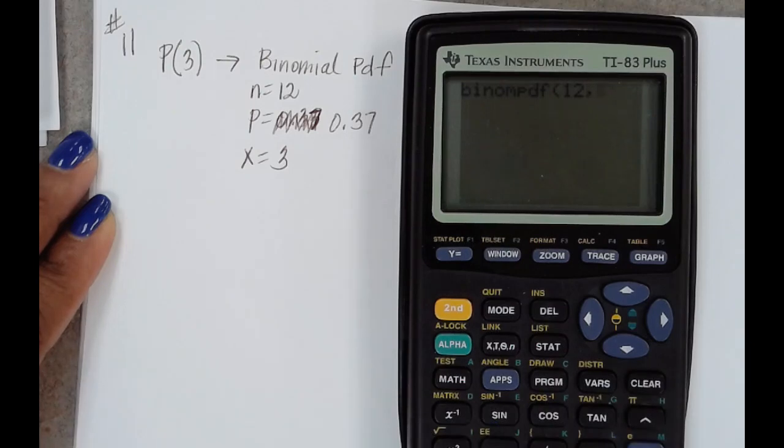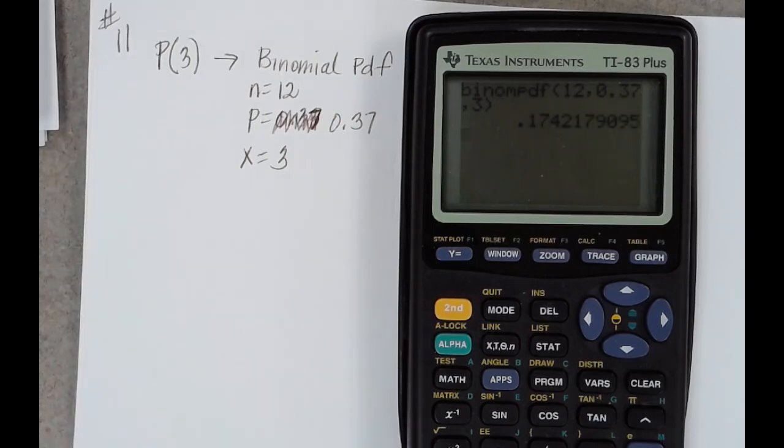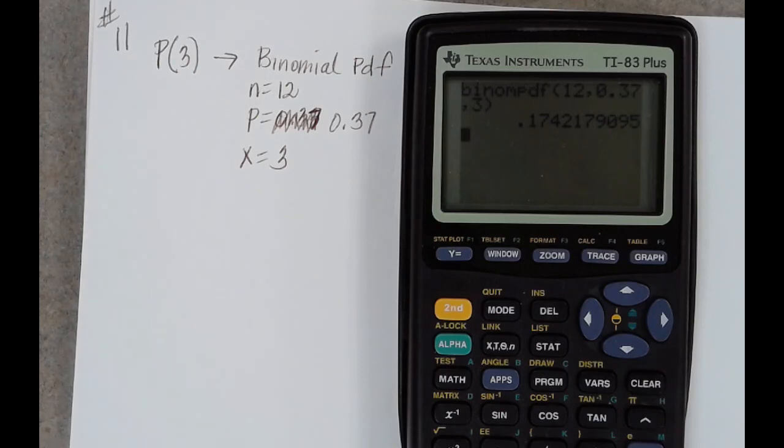P is 0.37, comma. X is 3. Close the parenthesis and press enter. So here is the probability that 3 people will enjoy cashews.